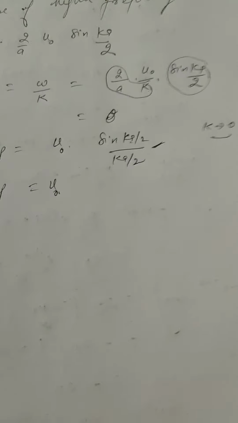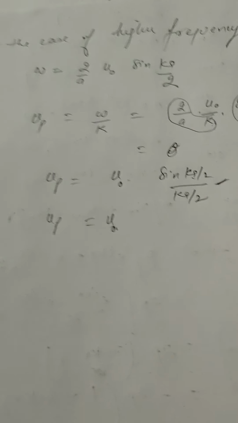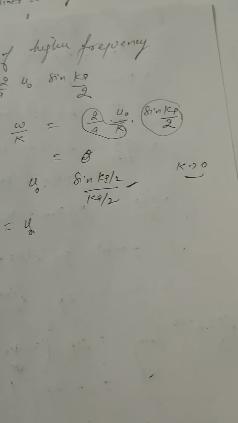For the case of higher frequency, I write the equation as v naught times sine ka by 2 over ka by 2. When k tends to 0, this is sine theta divided by theta, with the limit theta tending to 0.